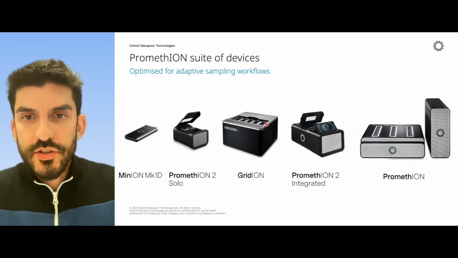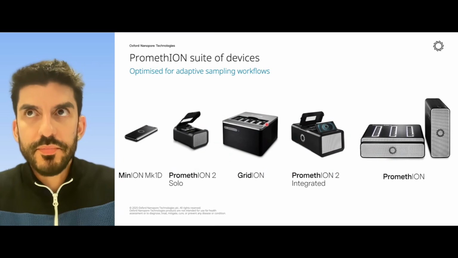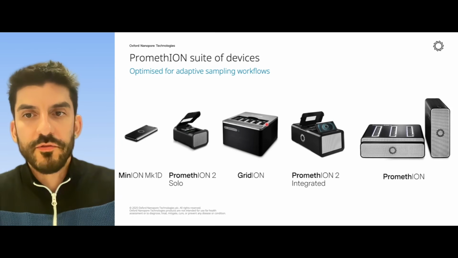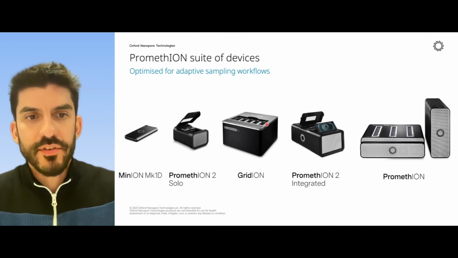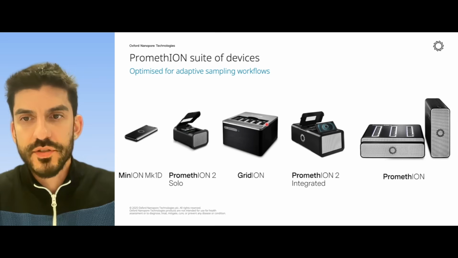Adaptive sampling is a feature enabled in all our devices. It's important to keep consistent with our recommendations regarding what features and how many flow cells you can run in each one. We have this available in the community, but just know that it is a feature available for all our platforms in sequencing flow cells.